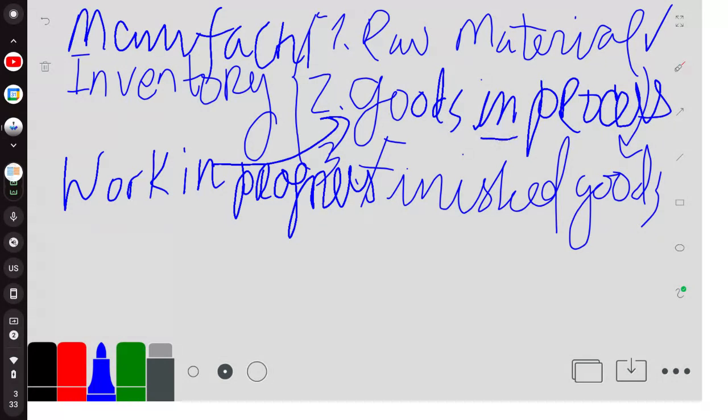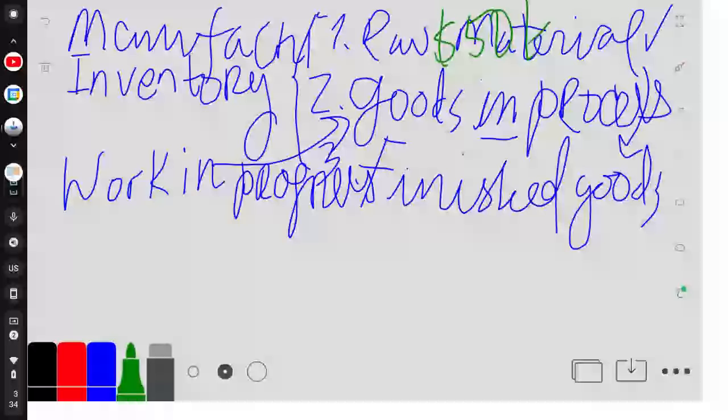It's hard to put a dollar value on goods in process, but suppose originally this was 50K, and suppose all of this 50K went into the production process, right?